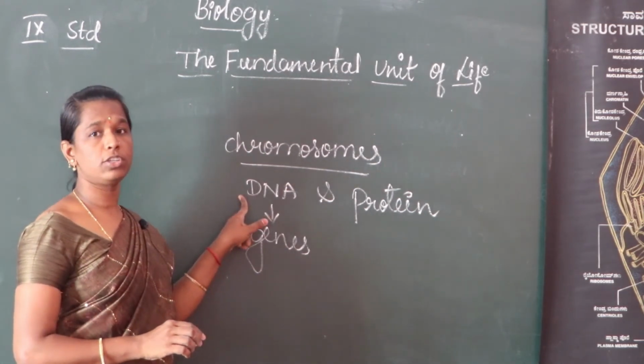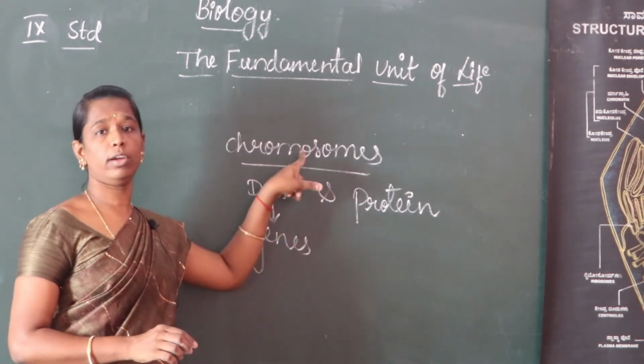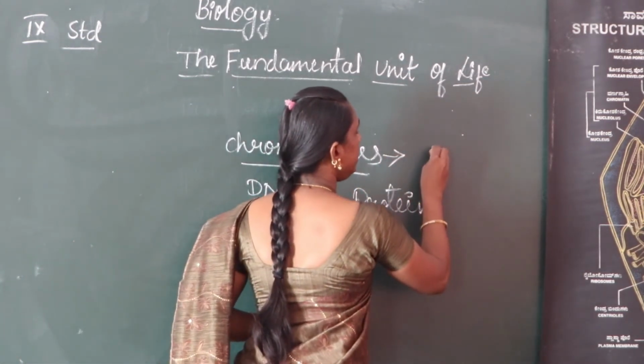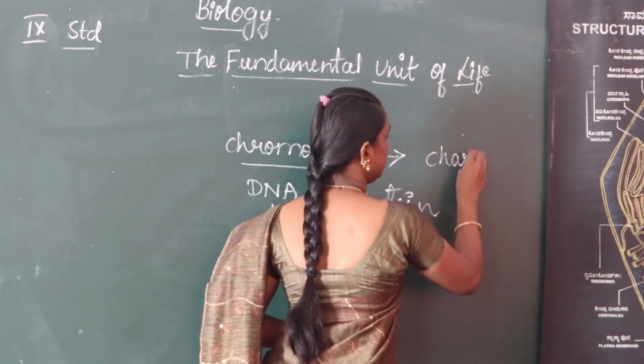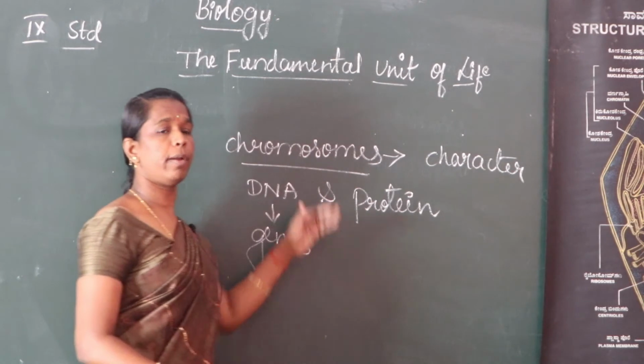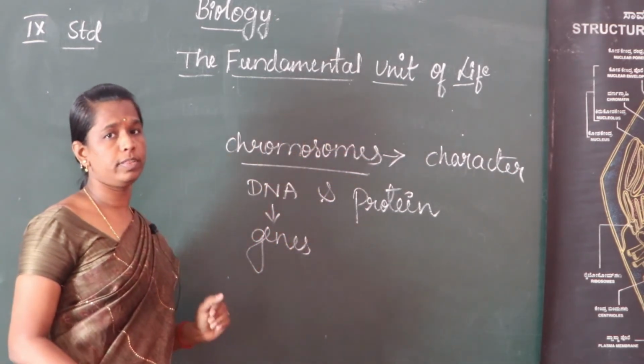Which contains DNA and protein? Chromosomes. What is the work of chromosomes? They transfer inheritance characters from parent to their offspring.